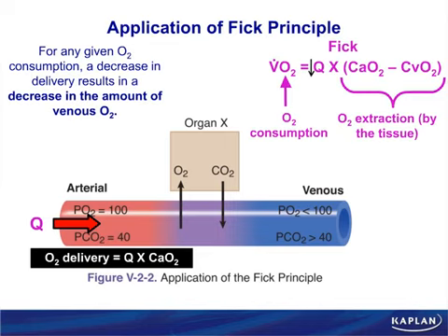Look over at the Fick equation, got an arrow down for the flow. Well, if flow goes down, then extraction had to go up in order to keep oxygen consumption constant. If flow goes down, the extraction has to go up in order to keep oxygen consumption constant. Well, if extraction goes up, then venous oxygen falls. If extraction's going up, then there's going to be less in the vein. All right, hopefully that makes good sense to you.